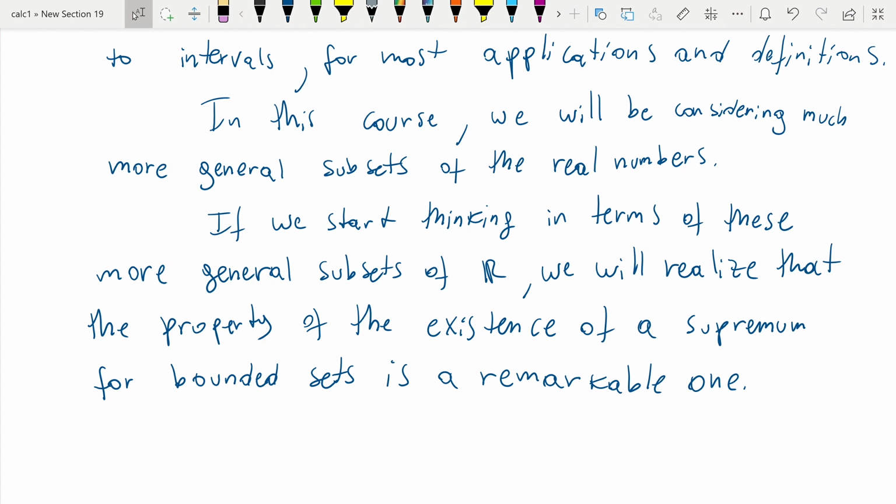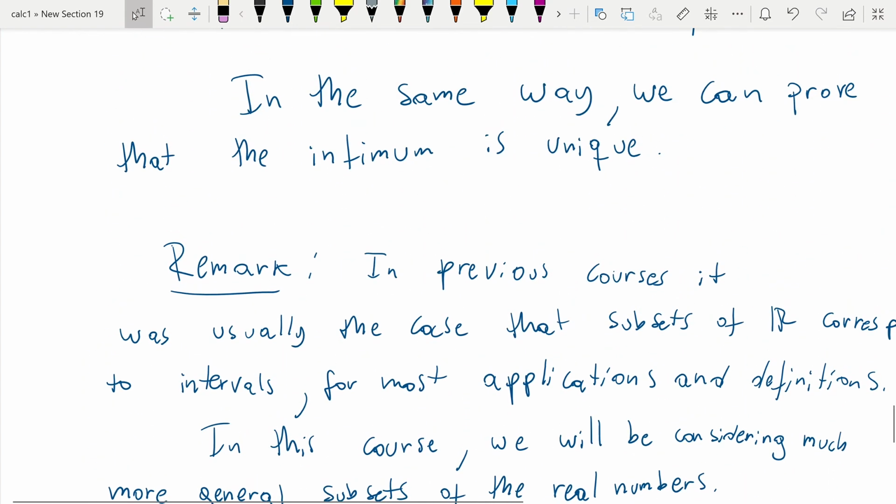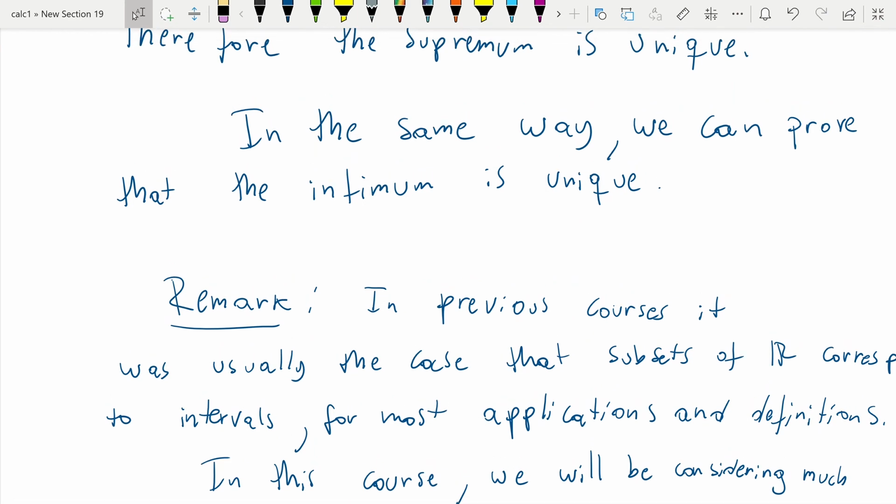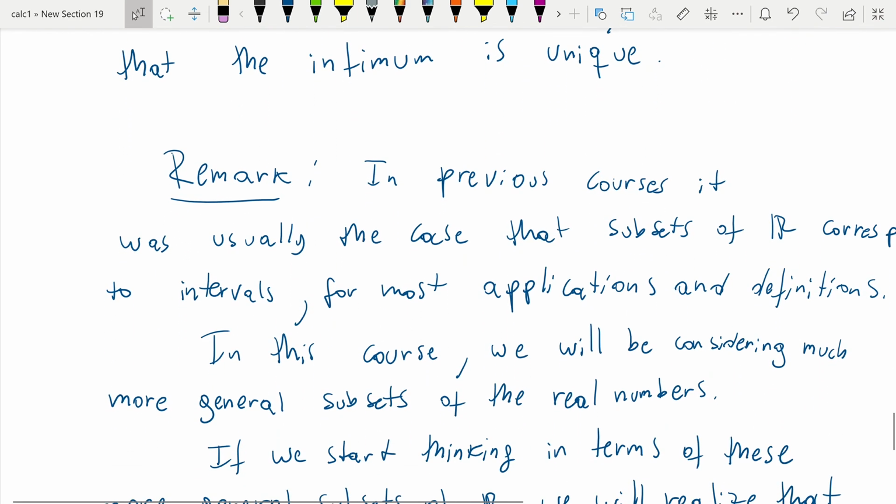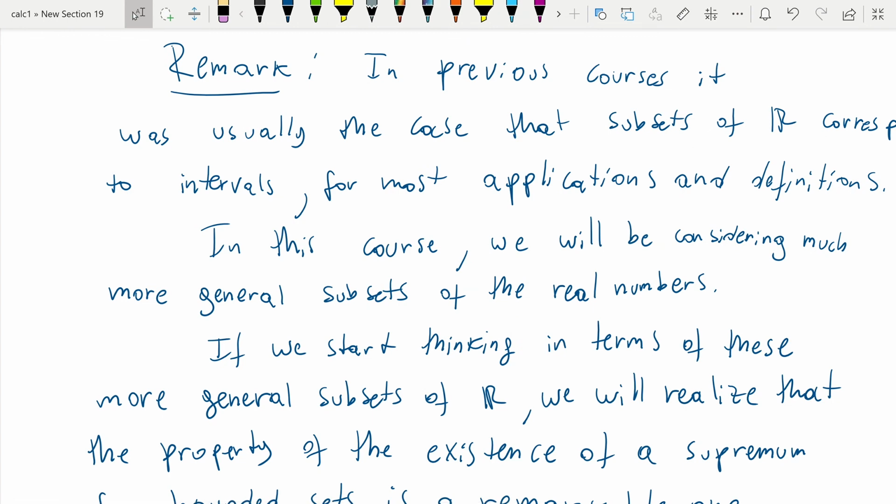So one thing that I wanted to stress is that you should try to abandon this way of thinking where, when someone mentions a subset of the real numbers, it's either a closed, open, semi-closed or semi-open interval. There are much more general sets.